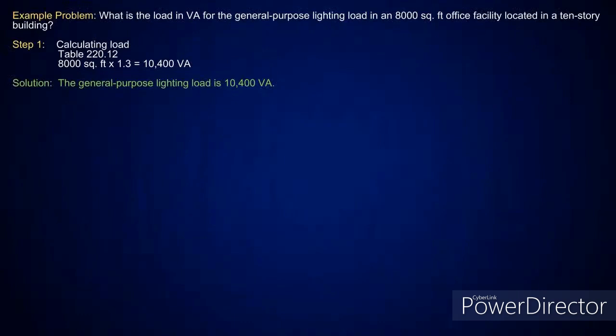All right. Now, let's look at it from another point here. This is where you're going to get into your general purpose lighting load. We're just not giving you a load here to calculate. Now, here we're going to ask you to do an office facility.